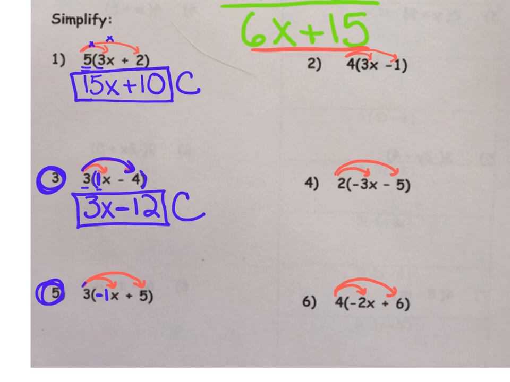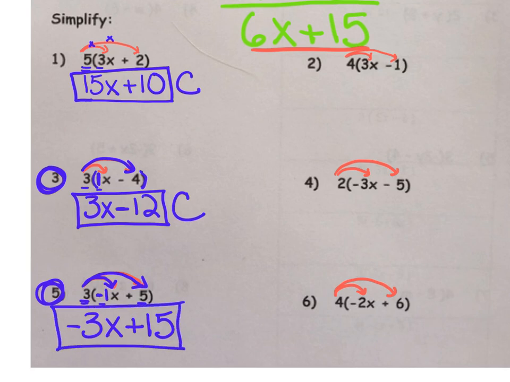Now let's multiply. 3 times negative 1x, tripling that quantity, and 3 times 5, tripling that quantity. 3 times negative 1 gives us negative 3x, plus 3 times 5, 15. And again, this binomial is in simplest form.